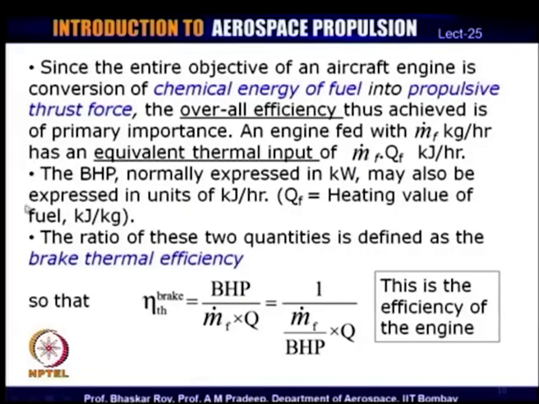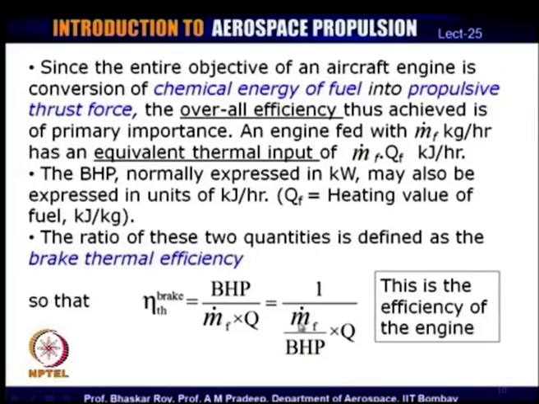The ratio of these two quantities, that means the chemical energy that we can expect to be available in the form of heat, and the final power that is created in terms of BHP, the ratio of the two is the brake efficiency of the engine, and this is our brake thermal efficiency of the engine, which is the most important efficiency parameter that actually is quoted as efficiency of the engine.